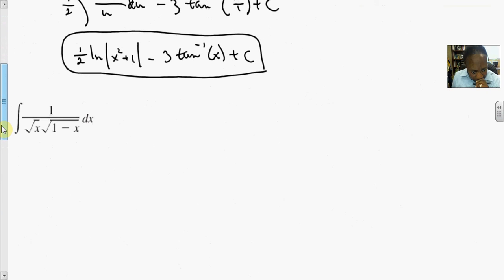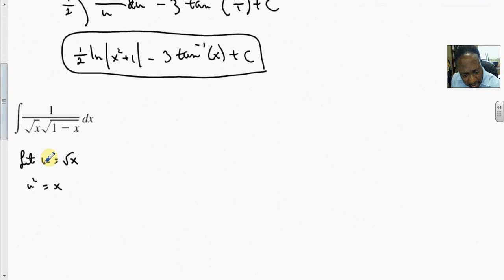All right, let's see. Well, this one is tricky. We need to connect this tricky part, the square root of x, with this x here. Let's see. I know that the square root of x to be squared gives me x, so let u equal to the square root of x. I'm going to square both sides, so we get u squared is equal to x.